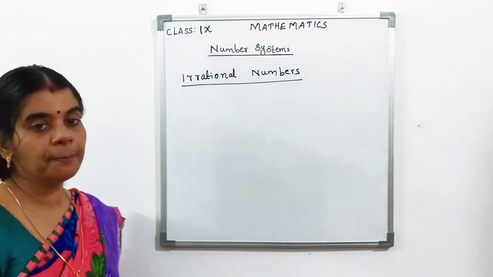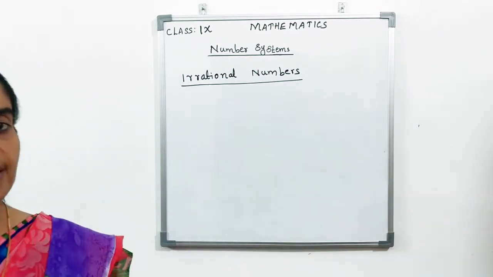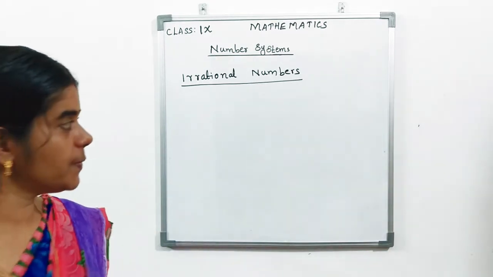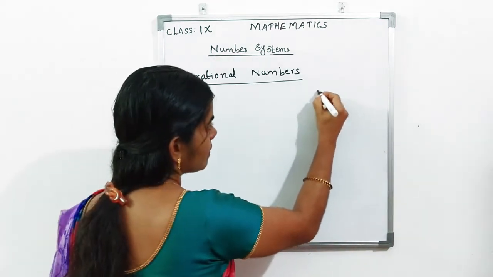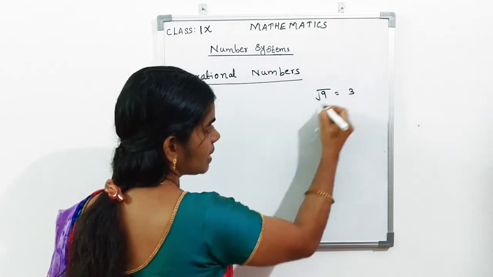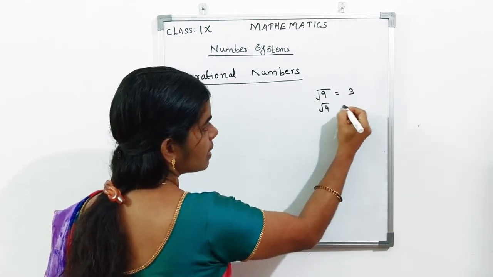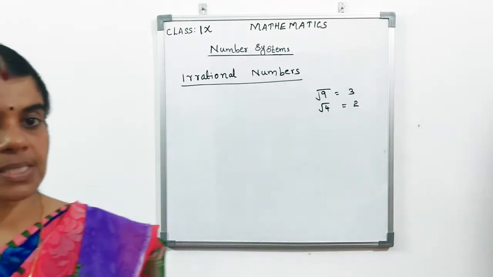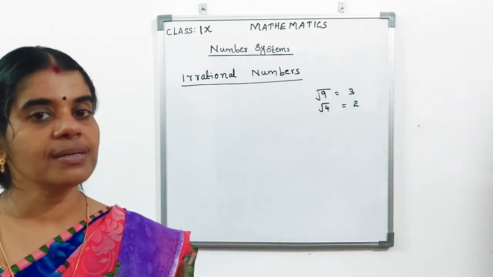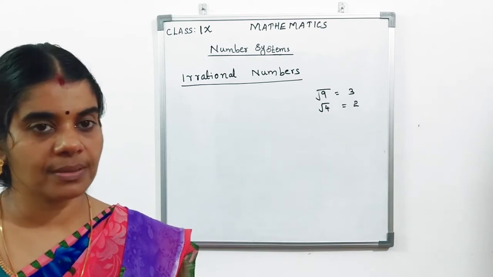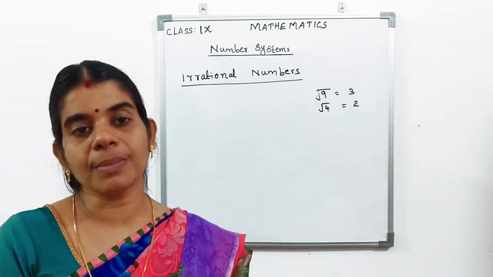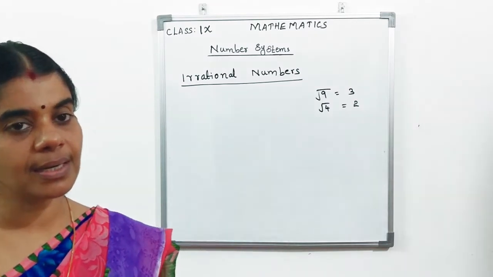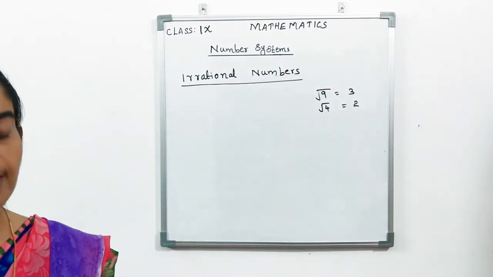For example, normally you know the square root. Square numbers. If you are writing root 9, what is the square root? That will be 3. What is root 4? That is equal to 2. Then the numbers whose proper square root we cannot find normally come under the category of irrational numbers.